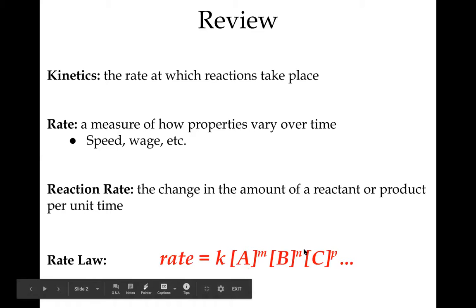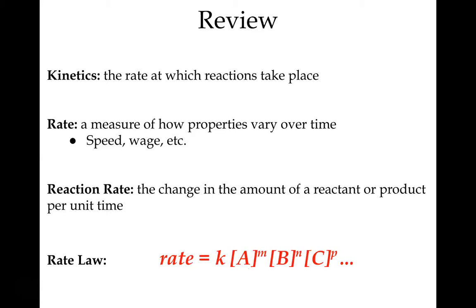Okay, and that this power is not the coefficient in the formula, but rather whether or not these reactants are first, second, or zero order reactions, right? And again, we talked about how we can figure out what order those are by looking at the relationship between the change in concentrations over time and the change in the rates over time, right?